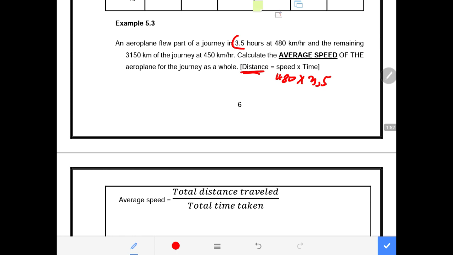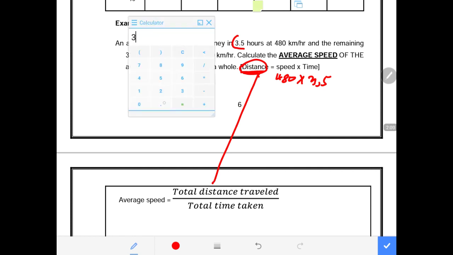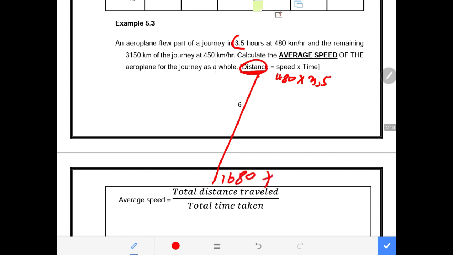So speed times time will give us the distance, which is what we need. The first distance will be 3.5 times 480, which gives us 1,680 kilometers.